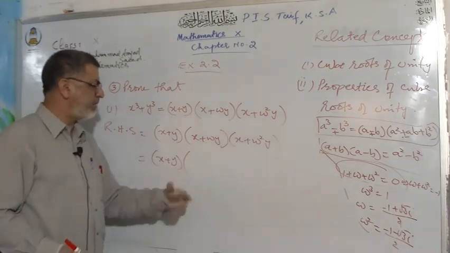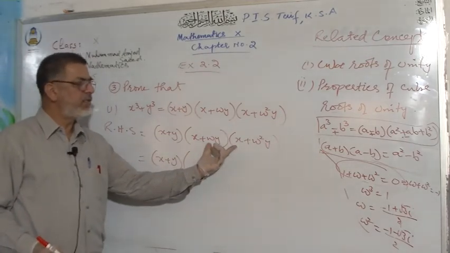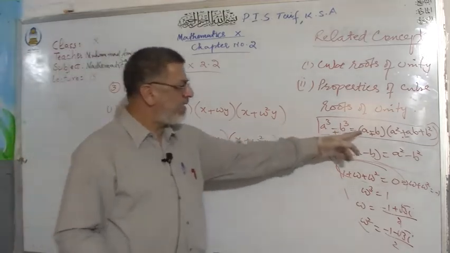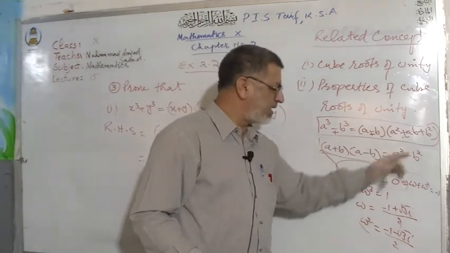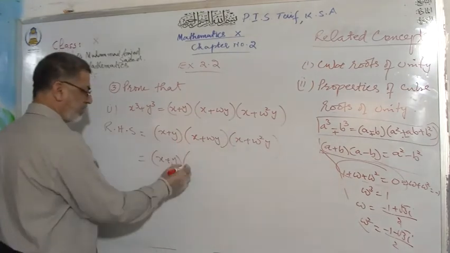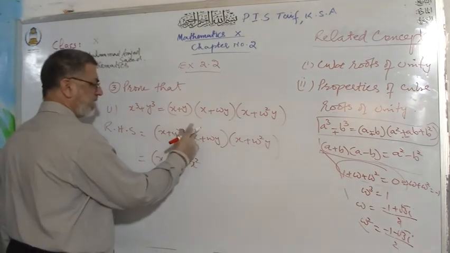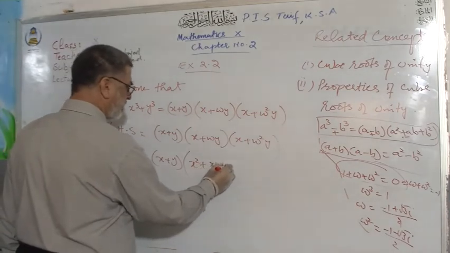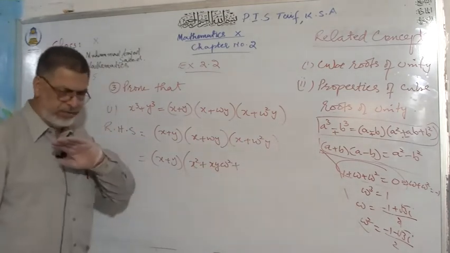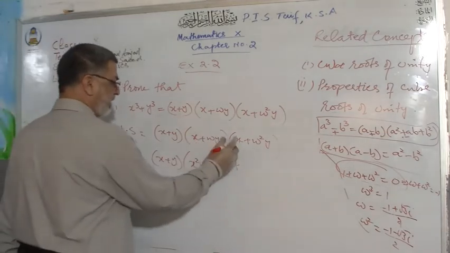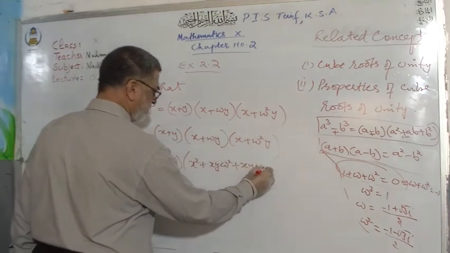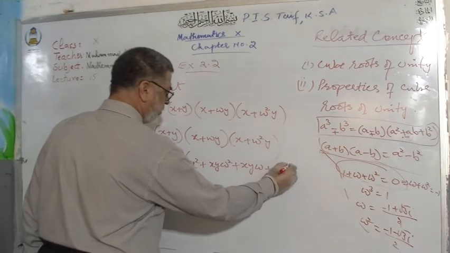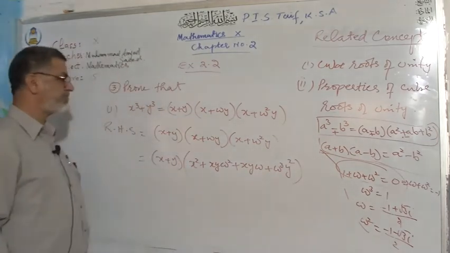Here, when I multiply these two brackets, you must get x square minus xy plus y square. Okay, multiply. x and x, x square, plus xy omega square. And this one is plus xy omega plus omega cube y square.